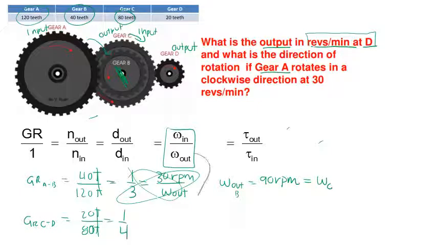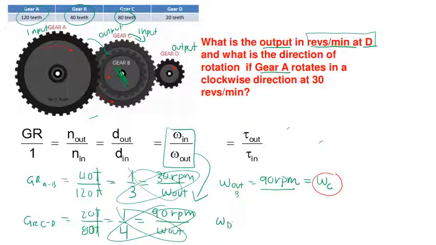Now I'm going to use the same formula and plug and chug. Do I know the input? Well, I do, because now the input is going to be C. It's not A anymore. Now I'm focused on input because I'm down to the second simple gear. So the input is going to be the 90 RPM divided by what we don't know, cross multiply.